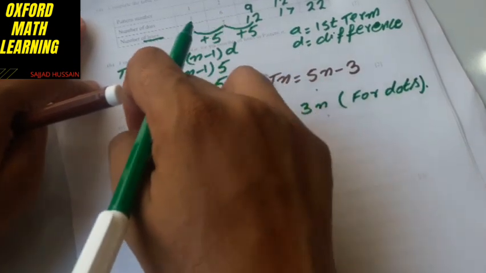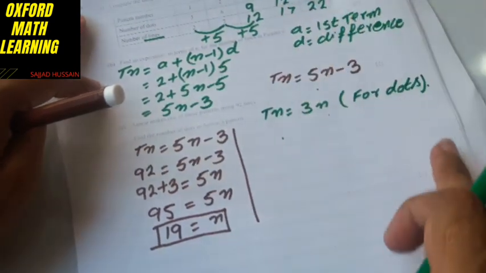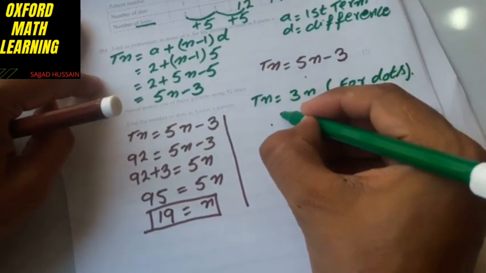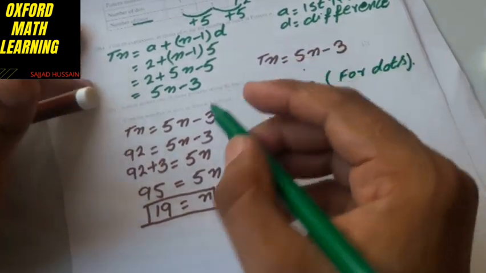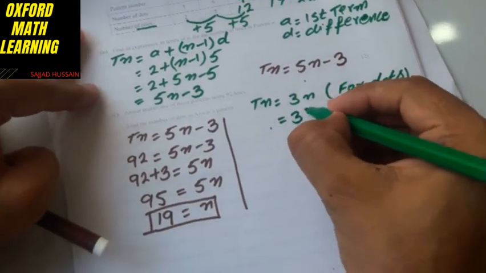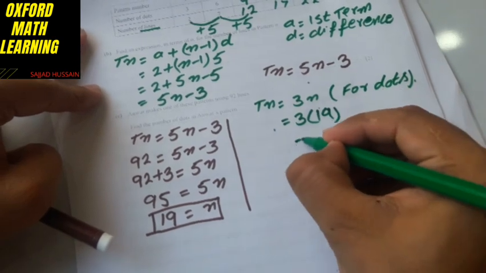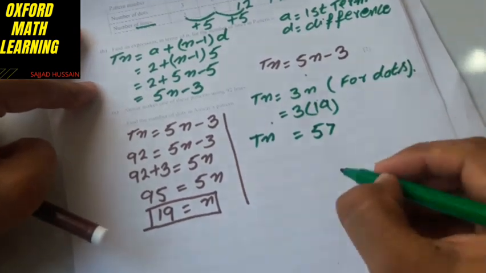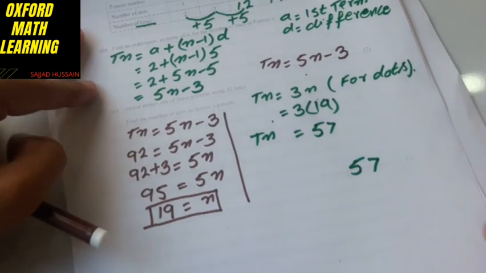You can find it by this formula, but for speedy work you can easily identify it. So n is 19, and 3 times 19 is 57. So the number of dots is 57, and 57 is your final answer.